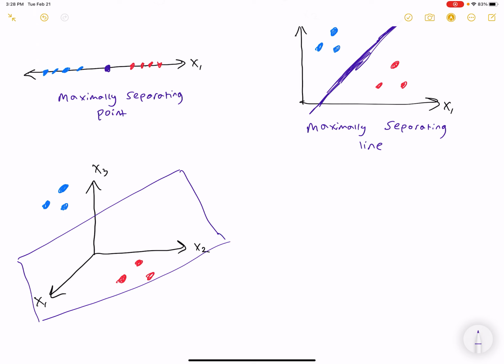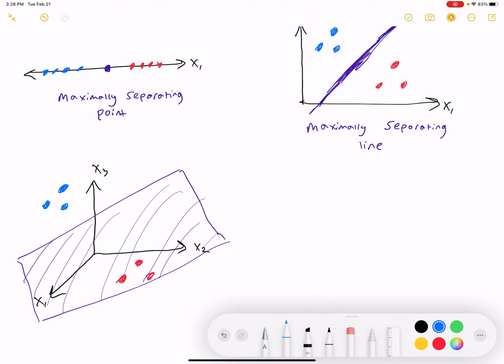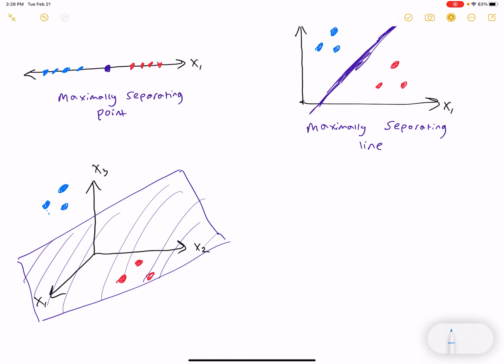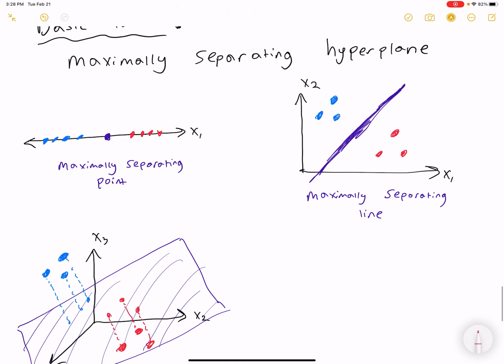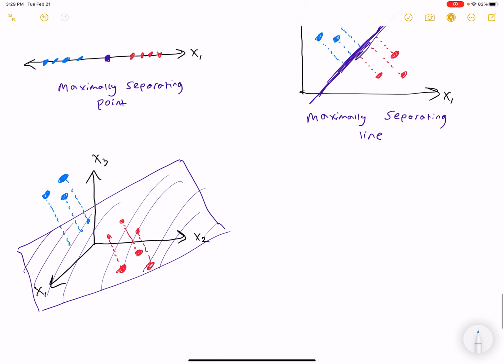A plane that separates the data points, and this is the plane that maximally separated the two categories. This is my best attempt to draw something like that. So these dotted lines are the distance between the points and the separating shape. So let me draw that in the lower dimensions too to be a little consistent. I won't draw that in one dimension because that would look really ugly.